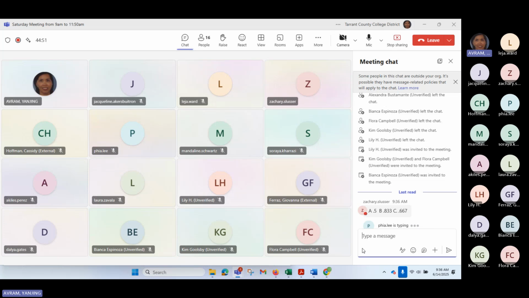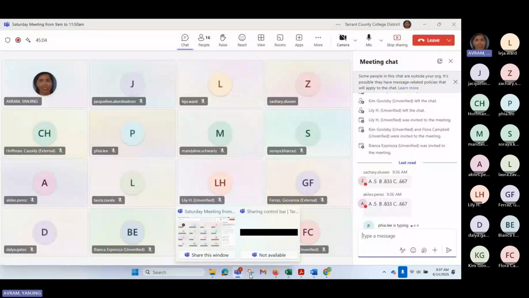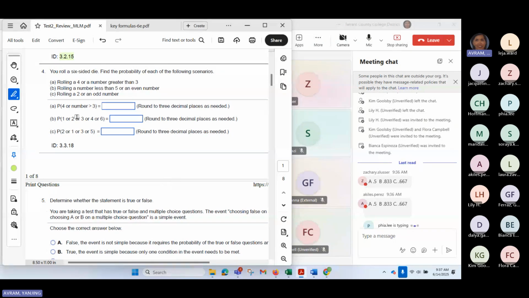Very, very good. They are all correct for that group. We have two groups that already answered, and they are all correct. Since we got all correct, we can just go ahead very quickly.